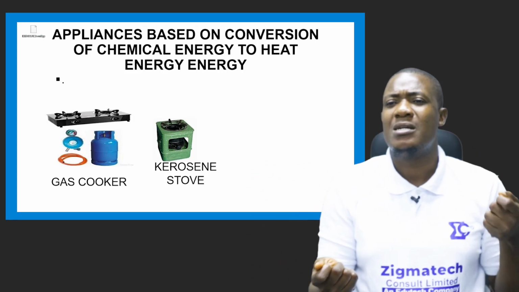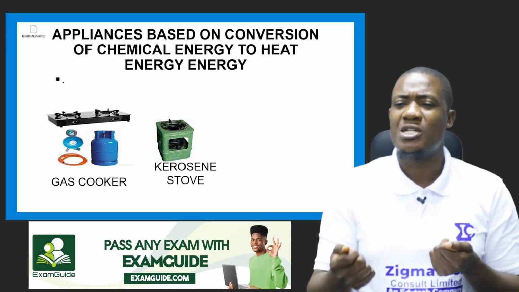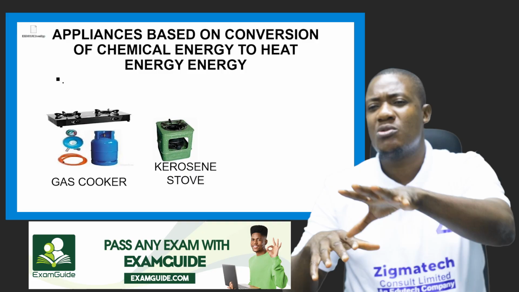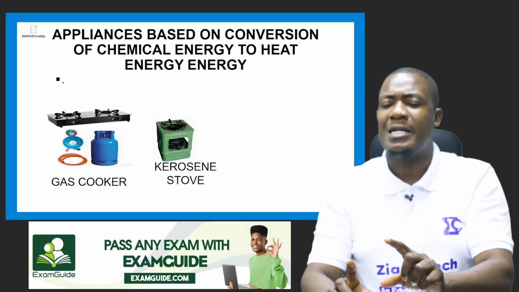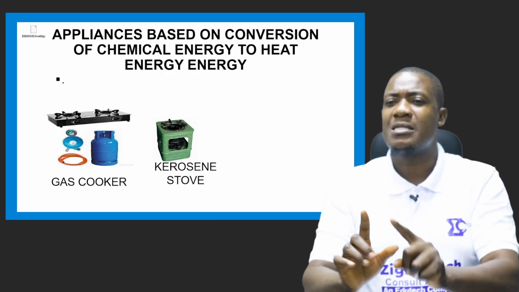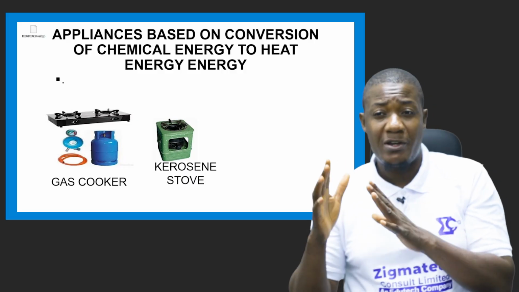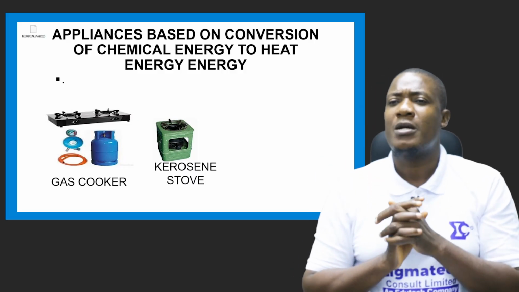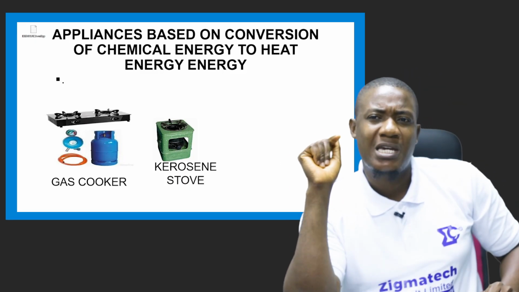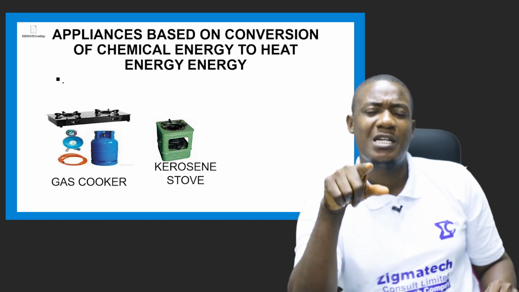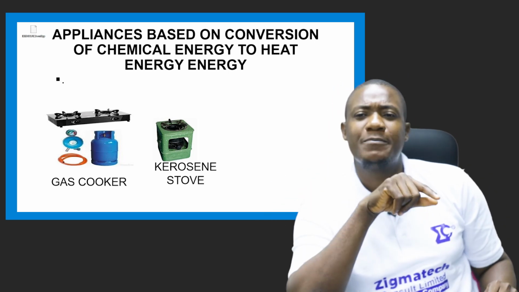When you light the wick of the kerosene stove, you have kerosene in the tank of the stove, right? And the kerosene rises by capillarity to the wick. Now, once you light it, the chemical energy in this kerosene is converted into heat energy. This heat energy can be used to cook rice.